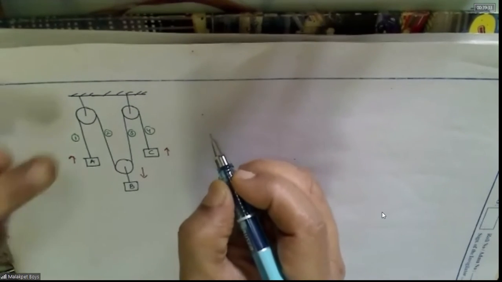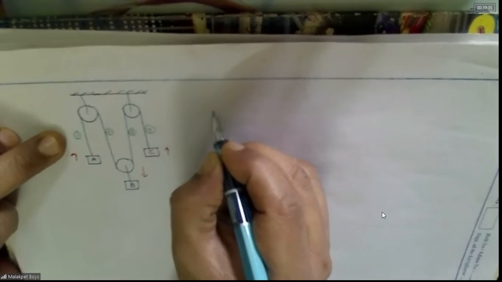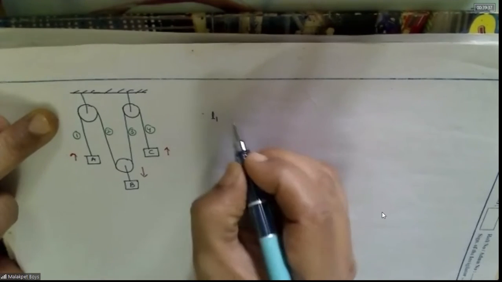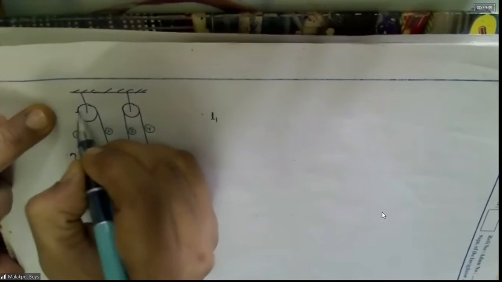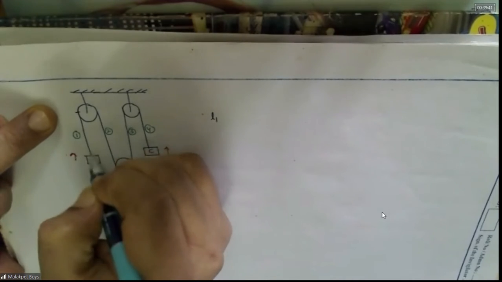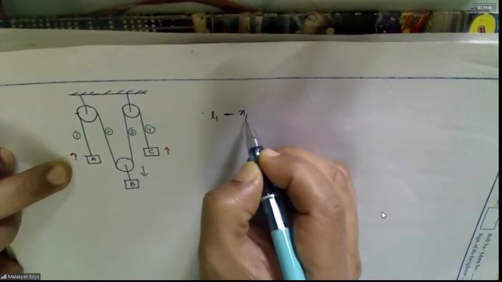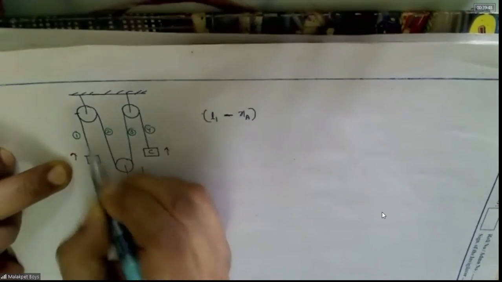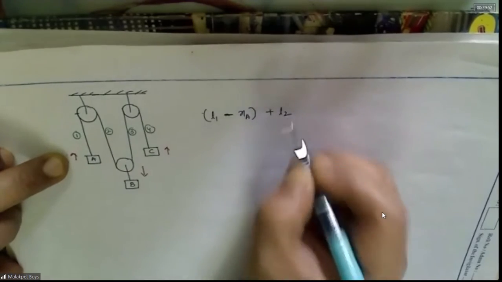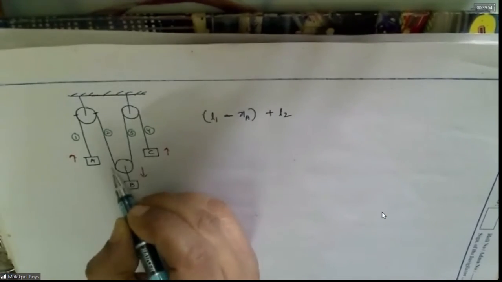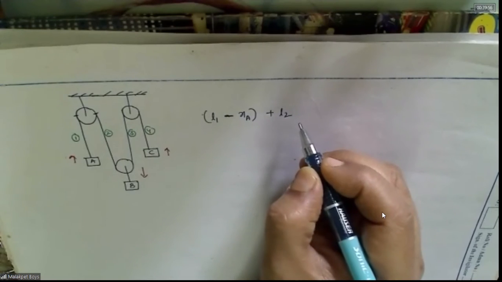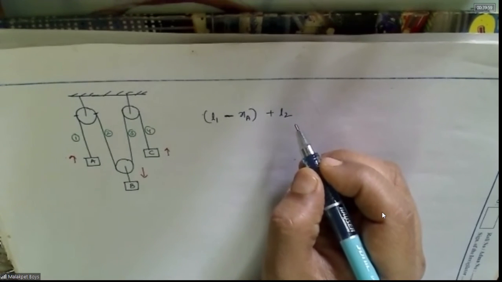After that, let us identify this, L1. When it goes up, this is a fixed point, this is not moving. This portion of the string, it decreases or not? Yes, sir. Plus, this string is there, L2. This plus X big, it is going down. Okay? Plus X big.